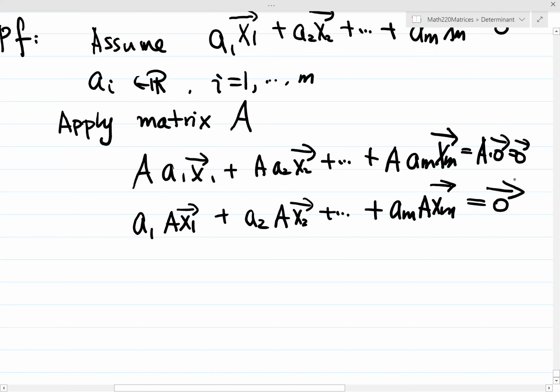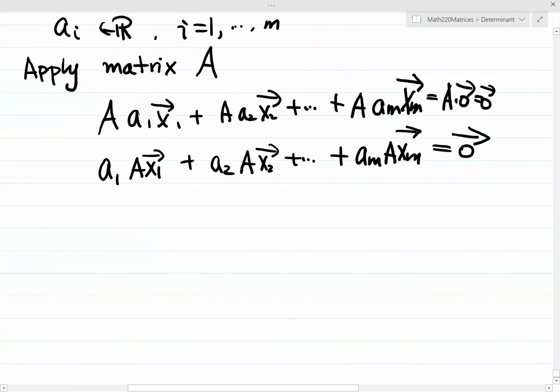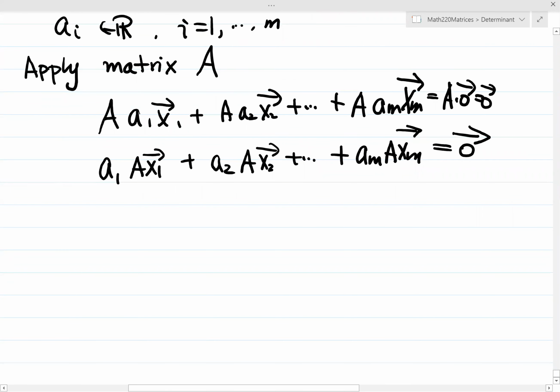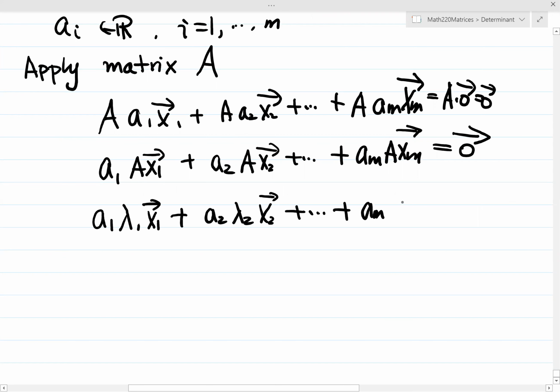Now we use the definition of eigenvector. When we apply the matrix to an eigenvector, we get the eigenvalue times the eigenvector. So it's a1 lambda 1 x1 plus a2 lambda 2 x2 plus etc. plus am lambda m xm equal to the zero vector.